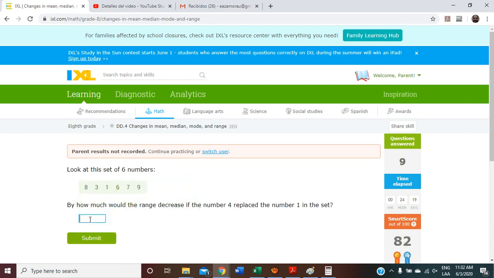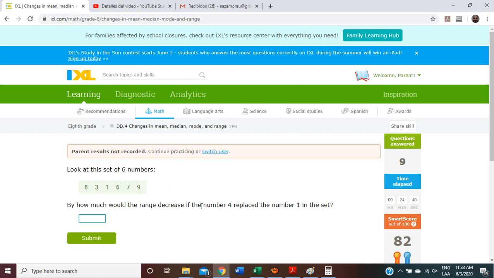All right, look at this set of 6 numbers. By how much will the range decrease if the number 4 replaces the number 1 in the set? Okay, so the current range, from 1 to 9, is 8. So this is our original range.